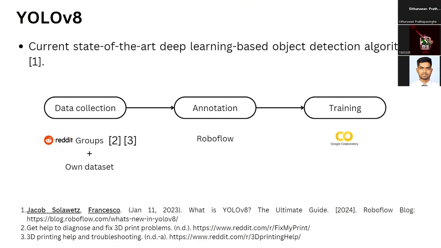Then we used the RoboFlow framework to annotate the dataset, then trained it with YOLO V8. As a result, we could achieve labeling of errors with 0.367 mAP 50 on the overall validation set we have.